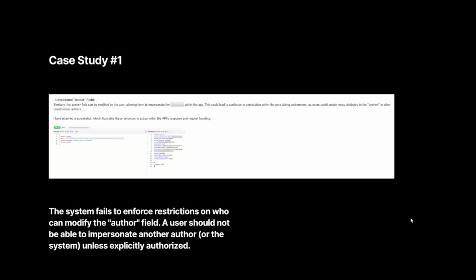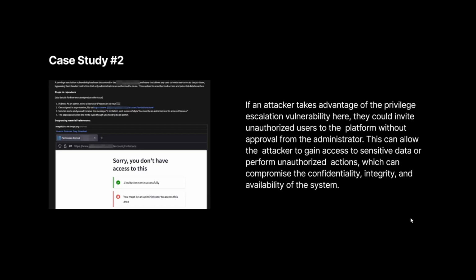Obviously, it fails to enforce the restrictions of who's actually an author, and the user should not be able to impersonate another author or the system unless it was explicitly authorized by the developers, which it was not. I submitted this report to them via email, and now we're collaborating on the security of the app.